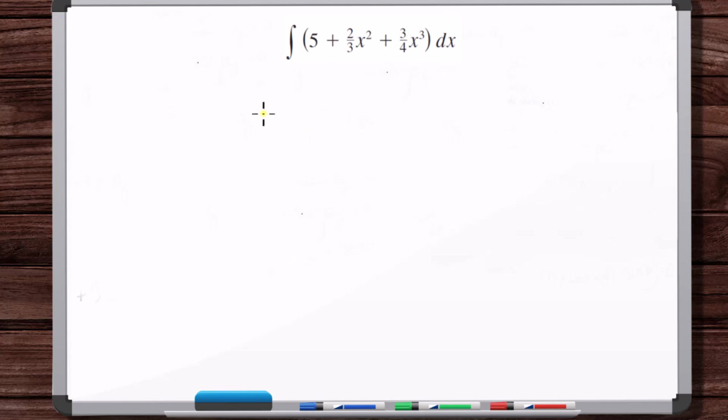Okay, we can separate this into 3 separate integrals. Okay, now we can use the constant multiple rule to bring constants out to the front of the integral.